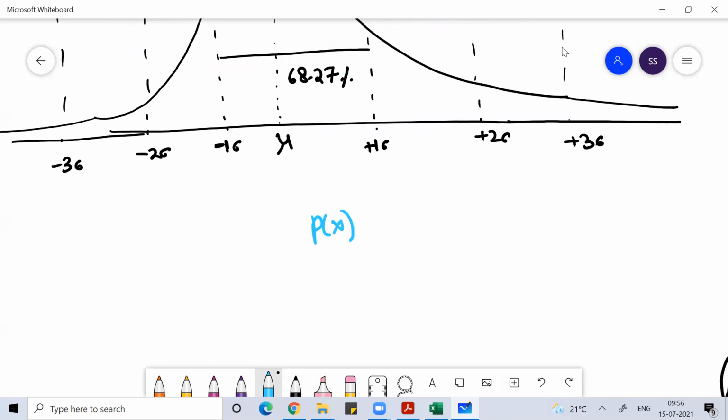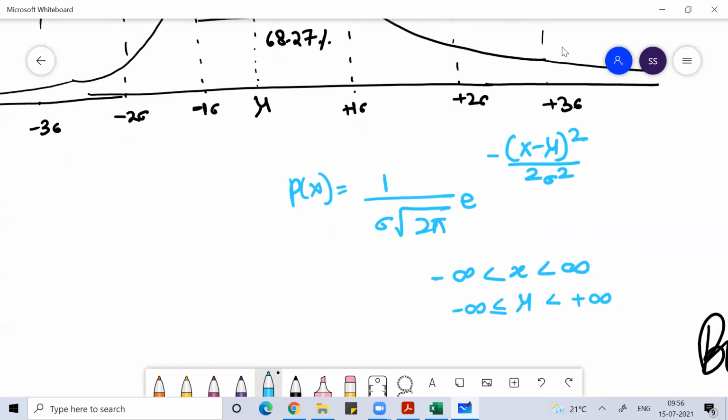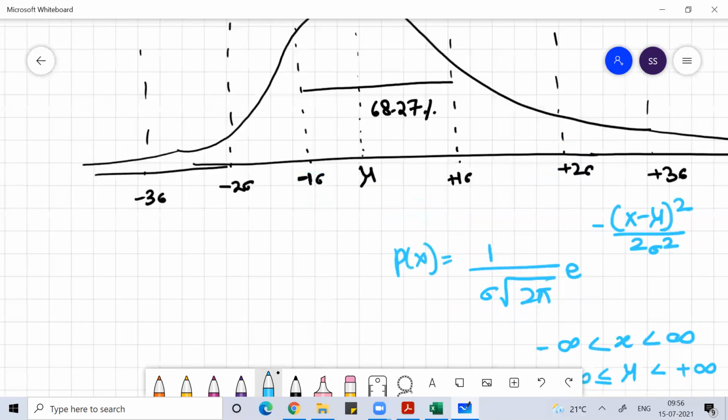The probability curve of x here is 1 by sigma root 2 pi e to the power minus (x minus mu) whole square by 2 sigma square, where x lies between minus infinity to plus infinity, mu lies between minus infinity to plus infinity, and the standard deviation sigma should be greater than 0. We have studied all this already in the past.